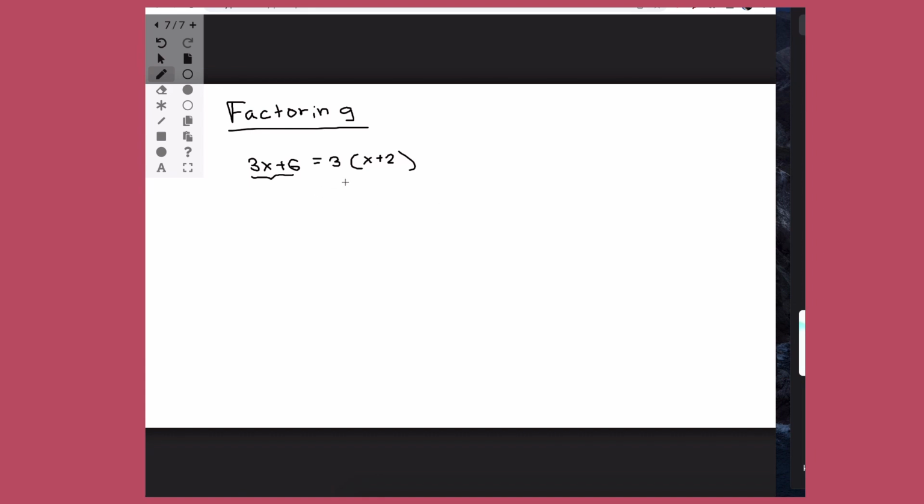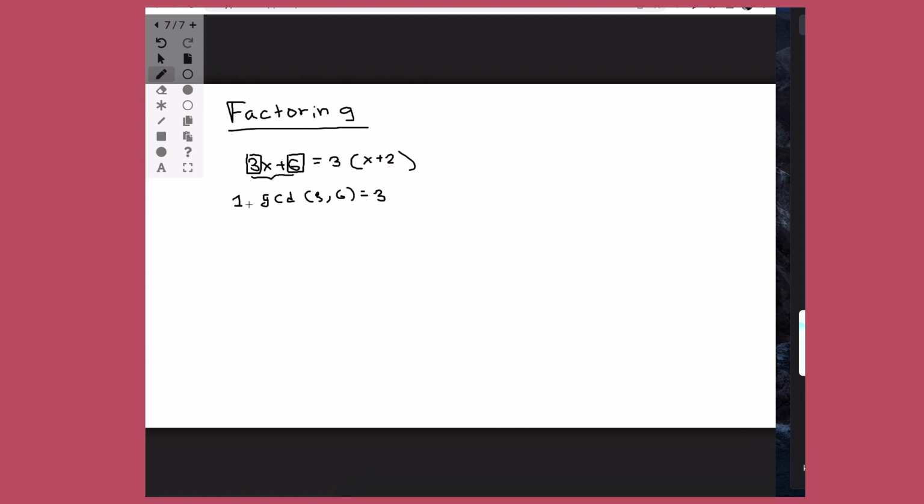So basically factoring, what you do is you pull out the integer or the GCD, the biggest integer that divides both this term and this term. The GCD of 3 and 6 is equal to 3.